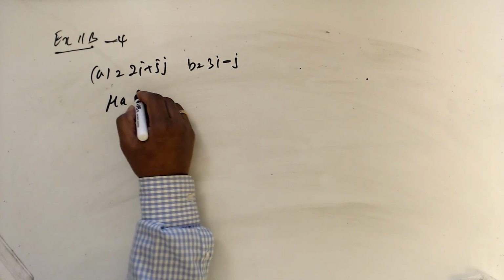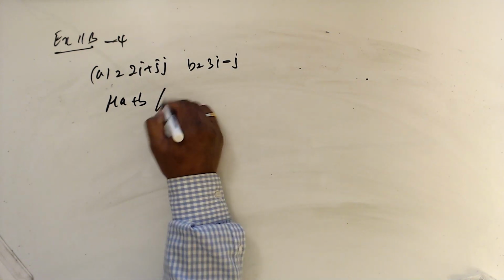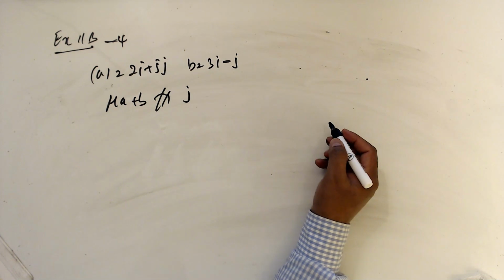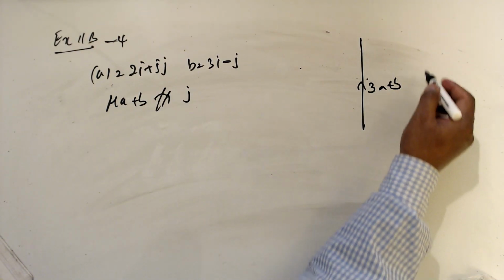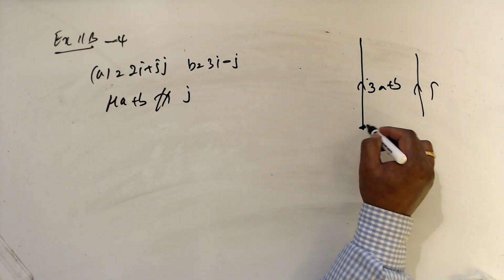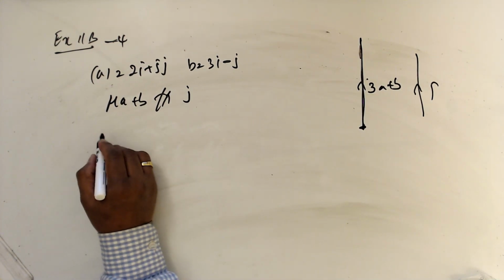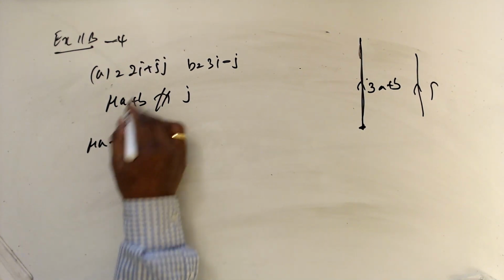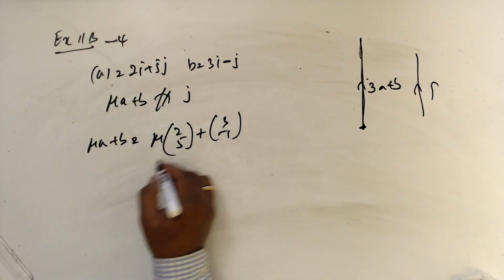Same as mu a plus b parallel to j. It means this is mu a plus b parallel to j. Then the i component should be 0 because this is the vector. So we'll find the mu a plus b vector first. Mu times a is 2, 5 plus b is 3, minus 1.